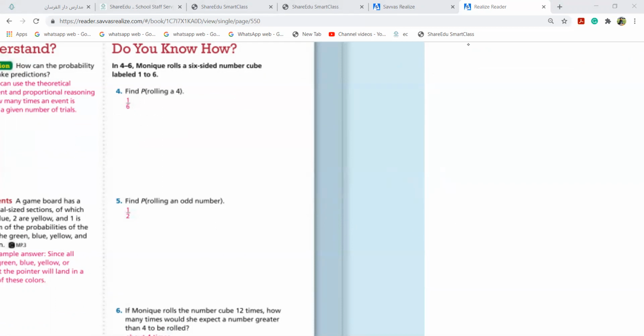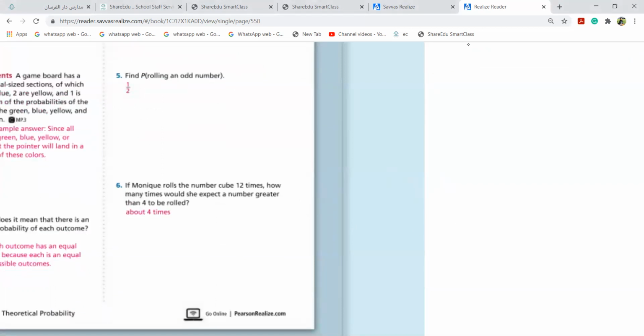Okay, now. If Monique rolls the number cube 12 times, how many times would she expect a number greater than 4 to be rolled? Girls, from 1 to 6, how many numbers are there greater than 4? 2, 5 and 6.